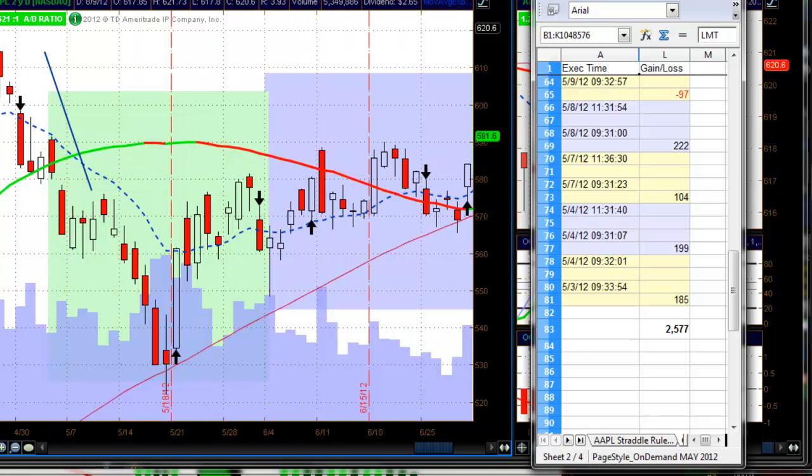I don't know exactly what happened that day, but let's say we entered around this price level, which would be around 591. And when the end of the day came, we didn't hit our $100, but the next day it gapped down at the open, say around 578 maybe, somewhere around there, and we took our $185 profit. I like that one.